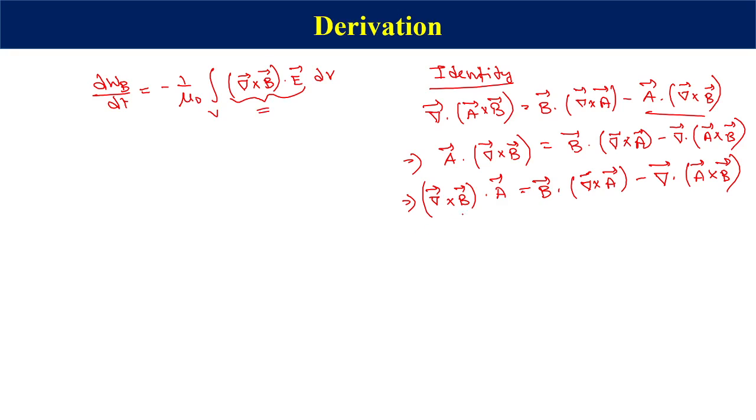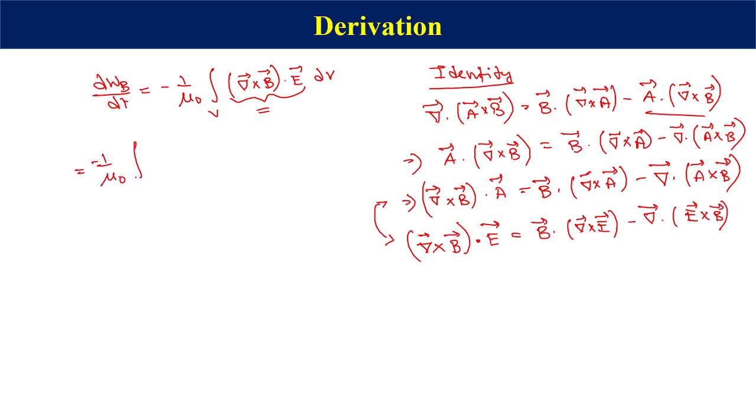If you just replace A with E, because the rest of the thing is same, we have an expression within the integral which is like del cross B dot E. It is different from the previous expression only in the sense that in place of A we have to replace E. So it is B dot del cross E minus del dot E cross B.